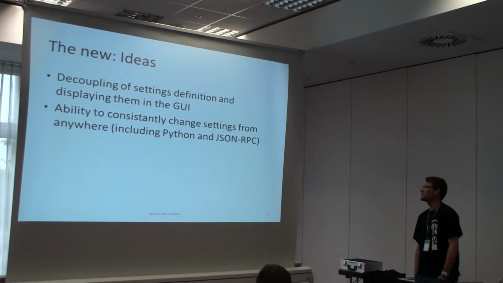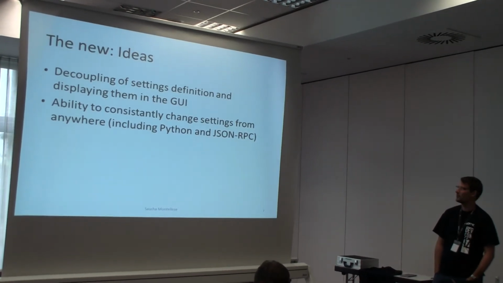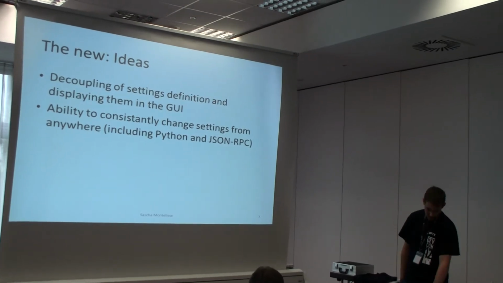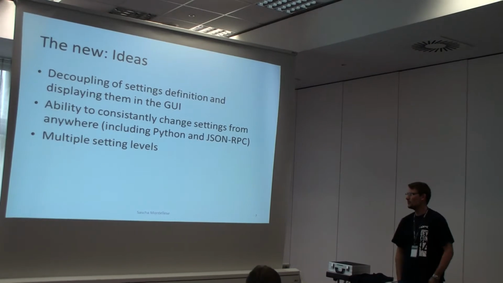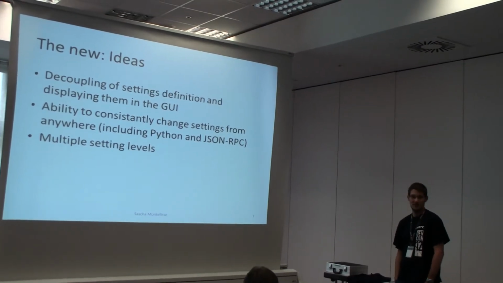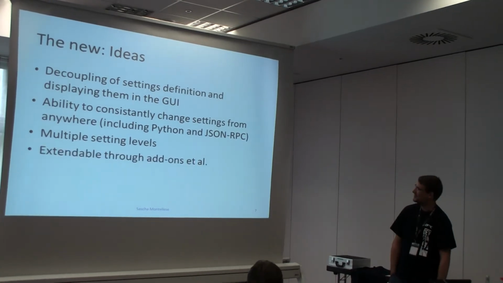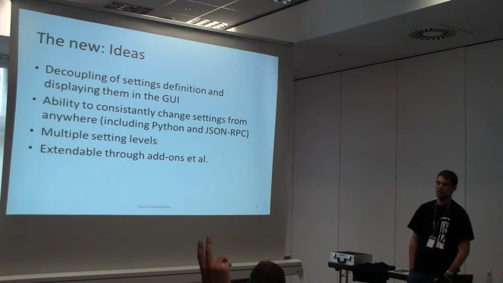Also being able to change settings from anywhere, including Python, JSON RPC, whatever we will have in the future, without having to duplicate any existing code. We have multiple settings levels, which is a lot of discussion right now, so I'll skip over that. Also extendable through add-ons.